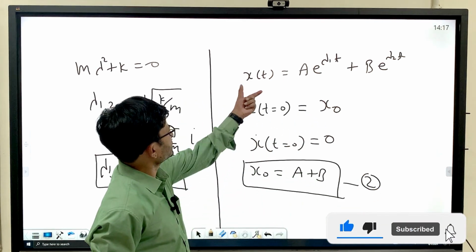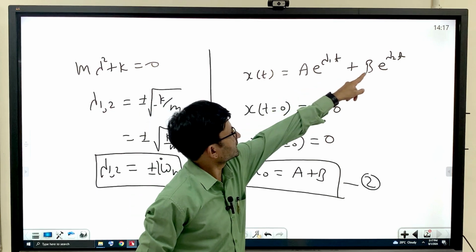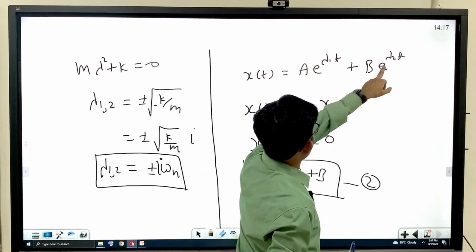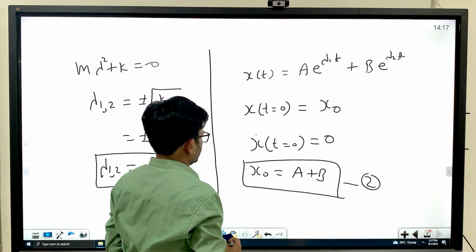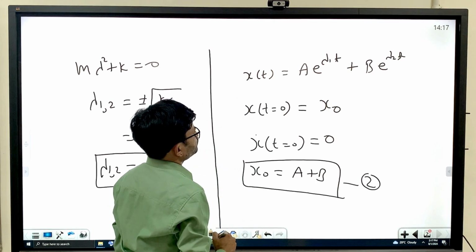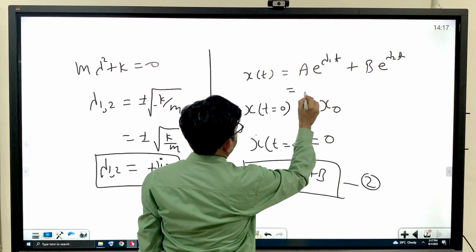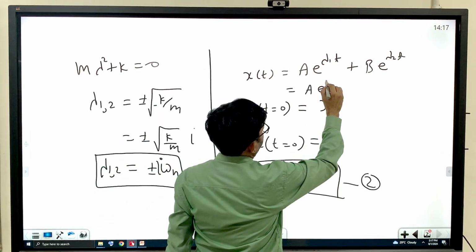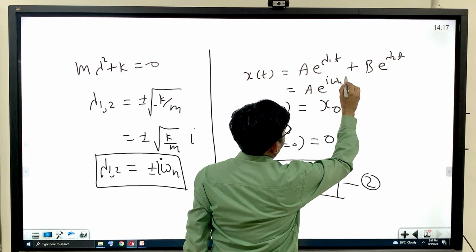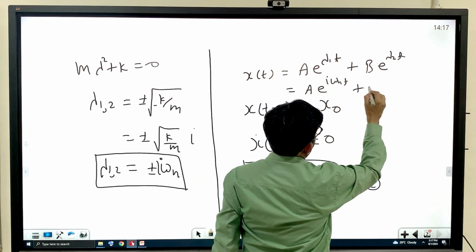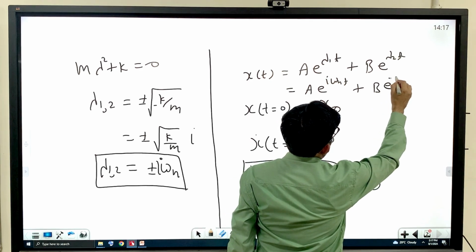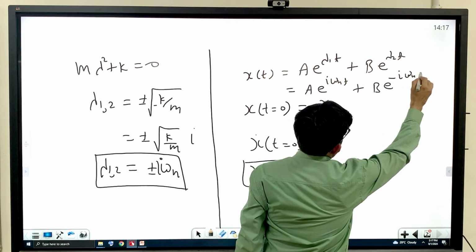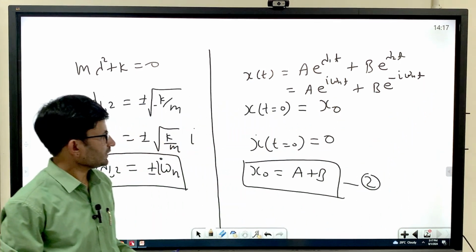Now when you differentiate, you can write a e to the power i omega n t for the first value, and for the second value minus i omega n t, right?